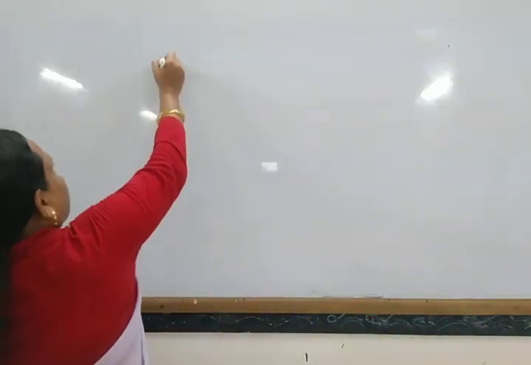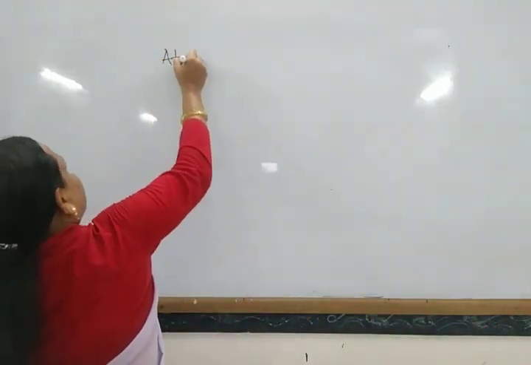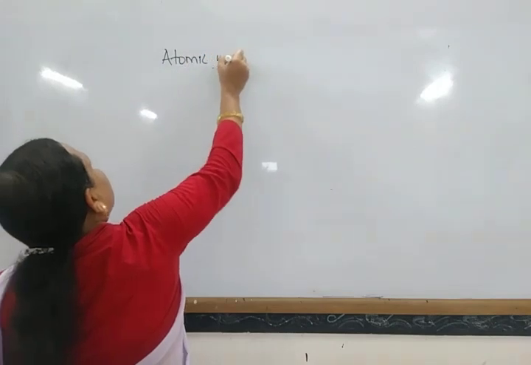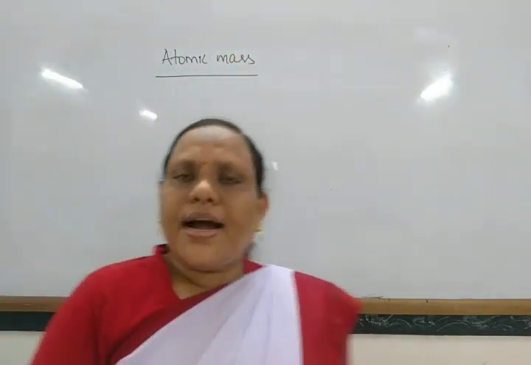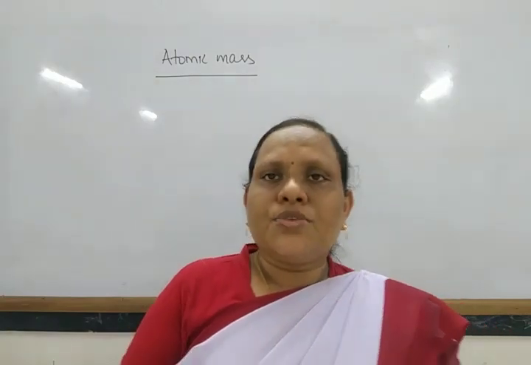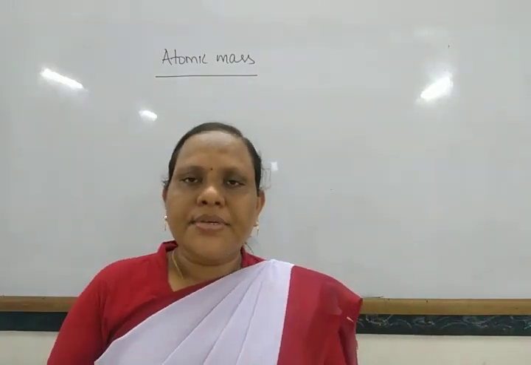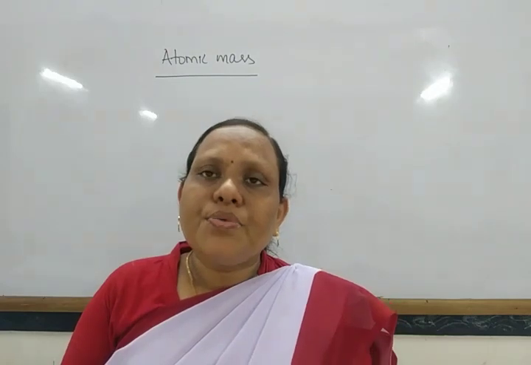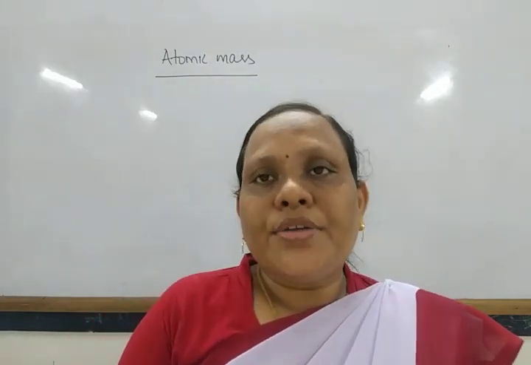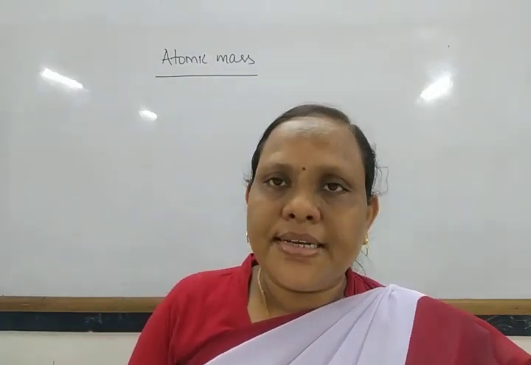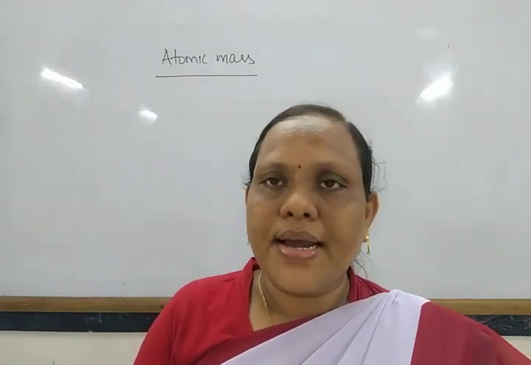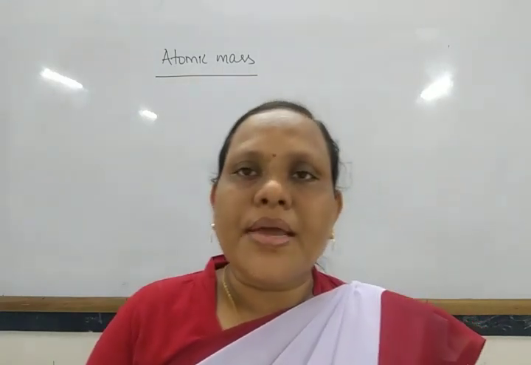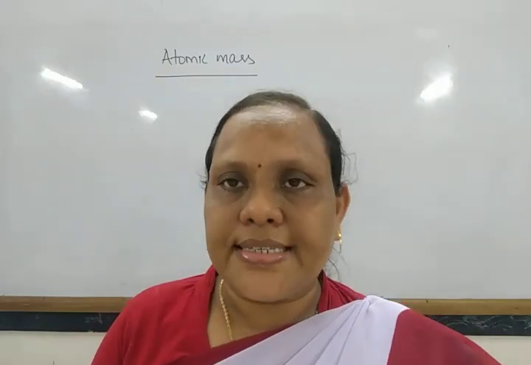So atomic mass. What is atomic mass? Before knowing this, first tell me what do you mean by atom? An atom is the smallest particle of an element which can take part in a chemical reaction but may or may not have free existence.